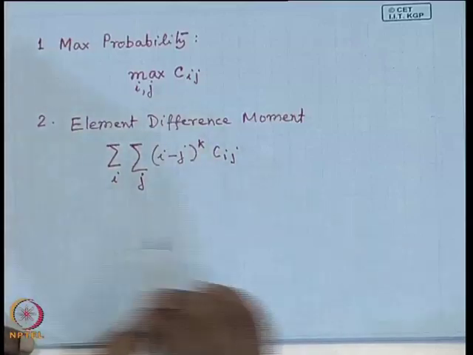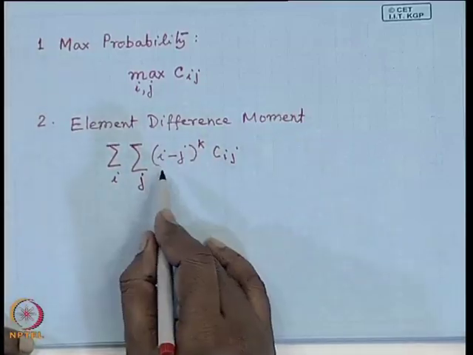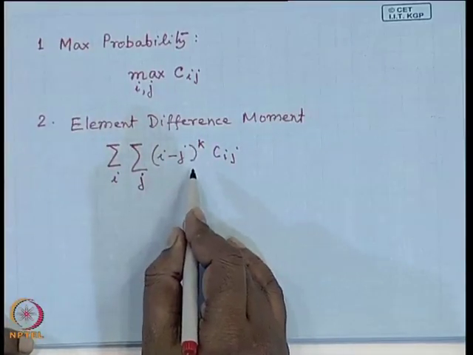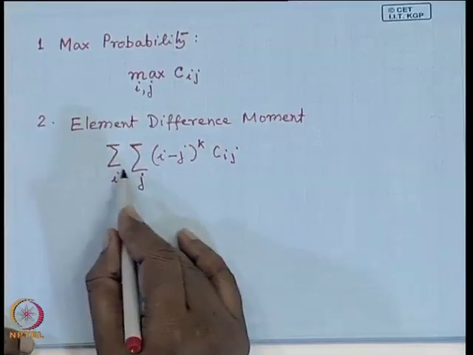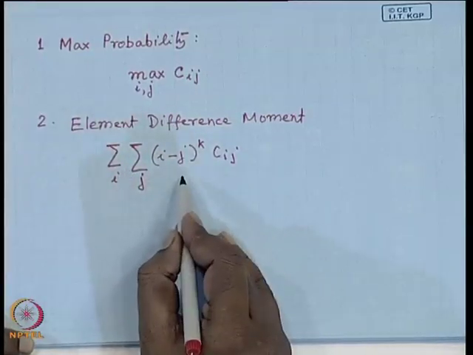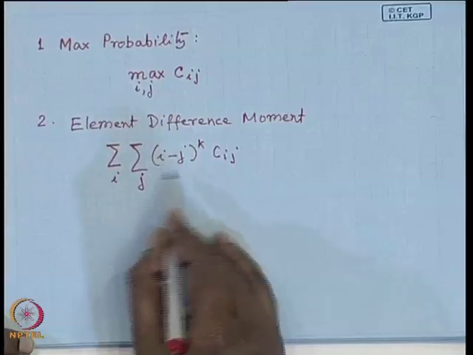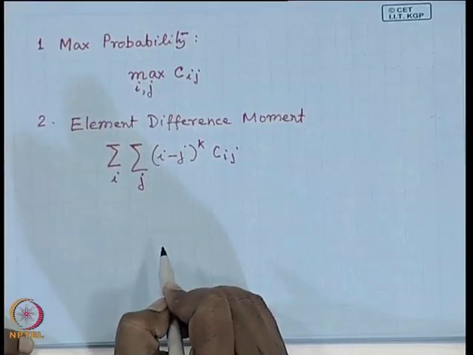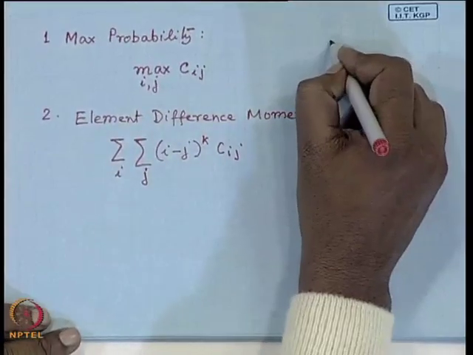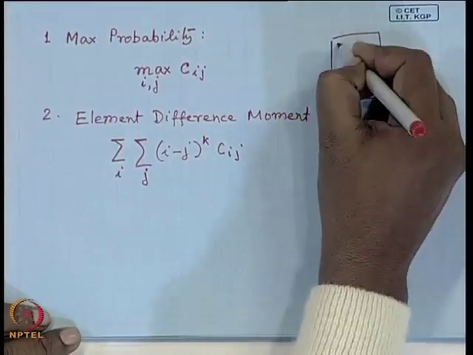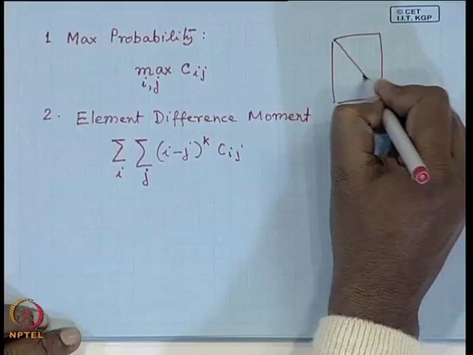So, what does this feature tell you? You are taking I minus j to the power k into C I j. So, naturally this value will be minimum whenever I and j are the same. That is, I is equal to j means the elements on the main diagonal of the matrix.